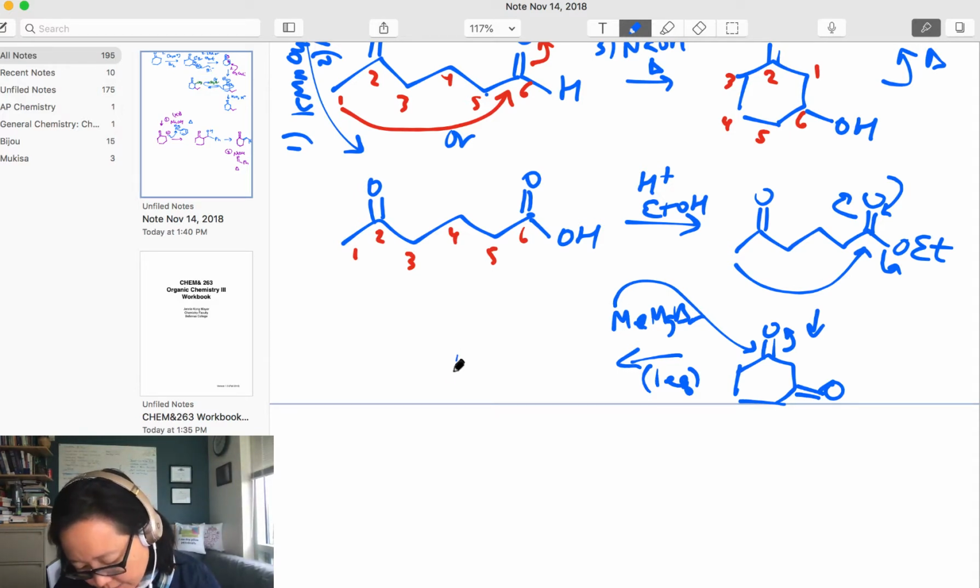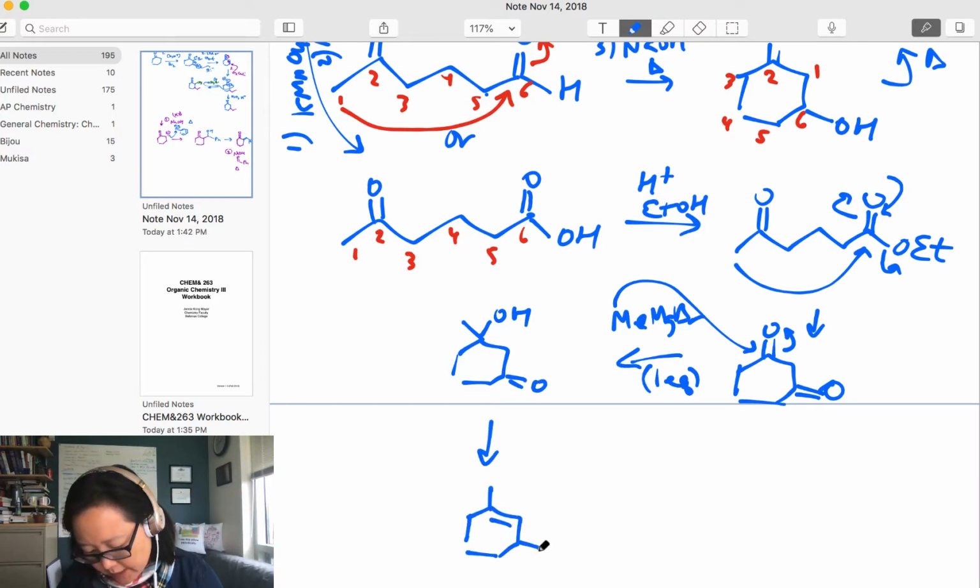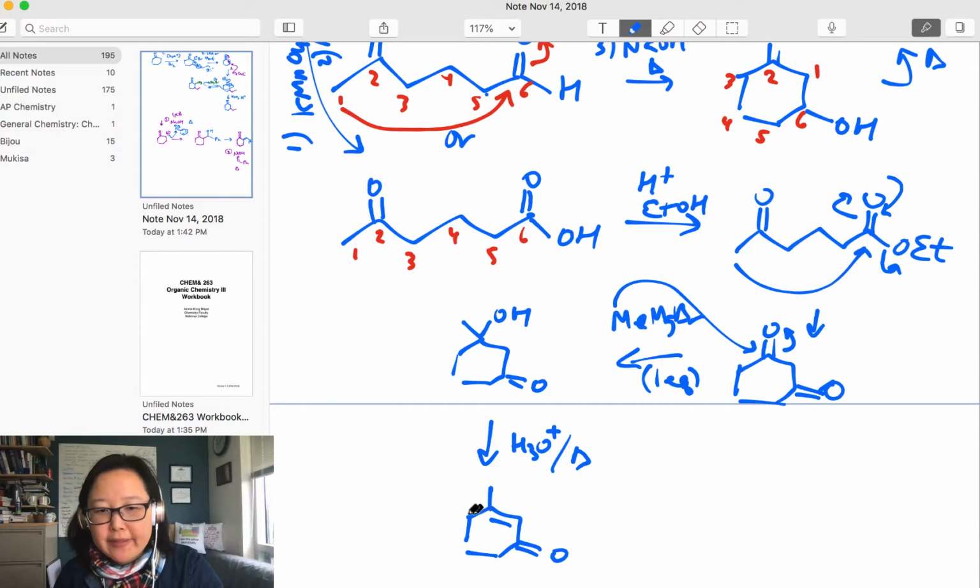Okay, so let's just follow that through. So you'd have this, and then at this point, you could try to do condensation or some kind of elimination, like maybe acid and heat to get rid of that OH group. I'd prefer it to be this way rather than the other way because it's conjugated here.